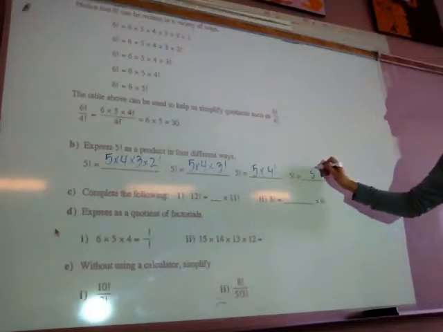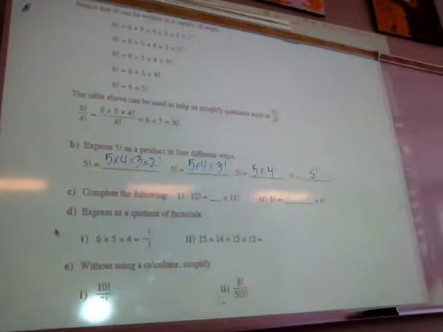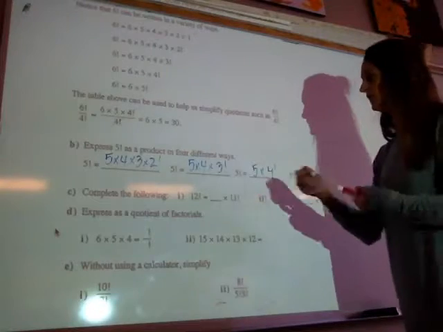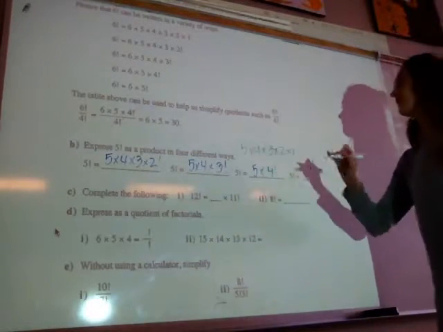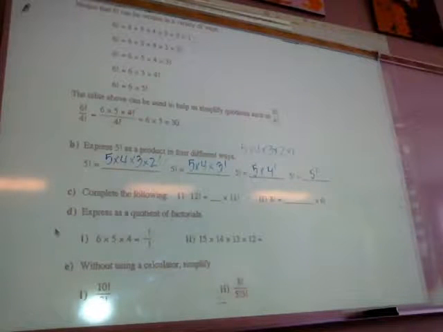Or just 5 factorial? I guess the only other way that would be the obvious one would be 5 times 4 times 3 times 2 times 1. Okay, we're just expanding the whole thing.